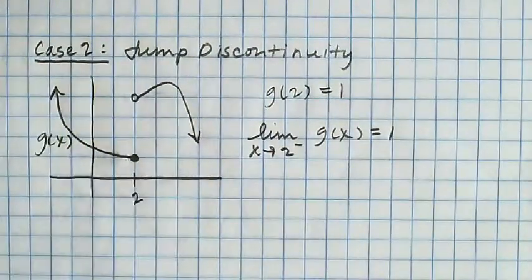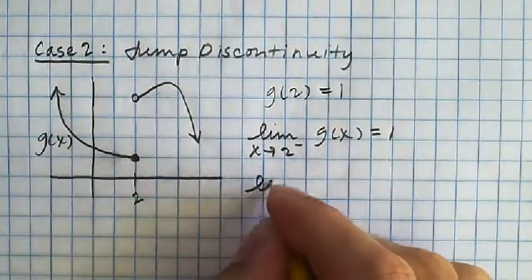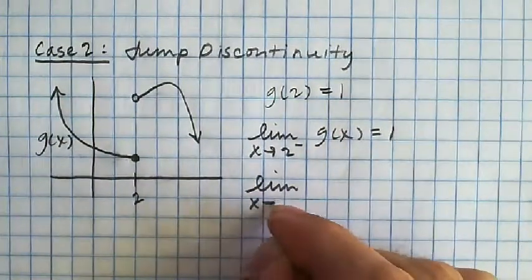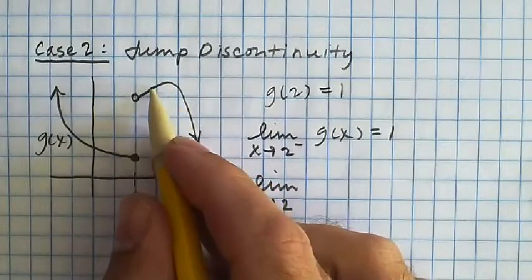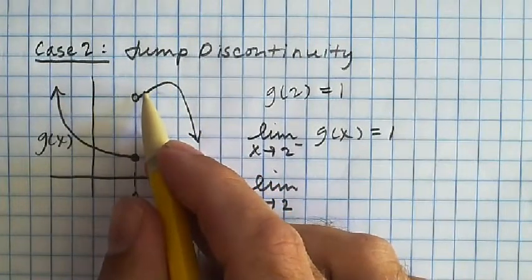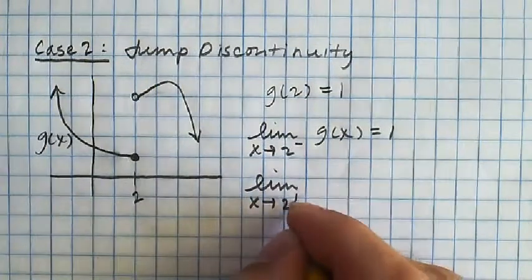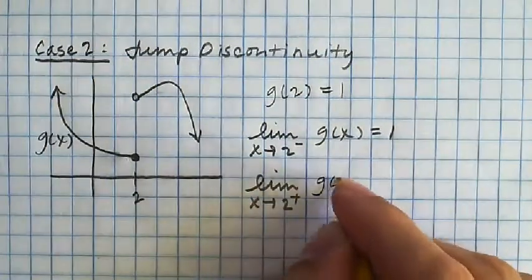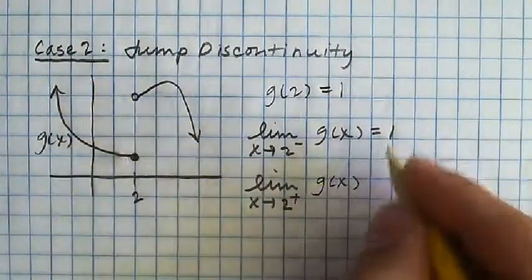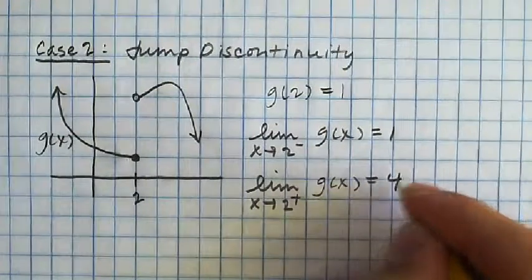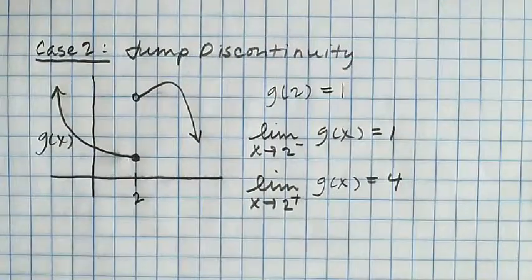Okay, now we can also say that the limit as x approaches 2 from the right. Again, right's probably not the best thing. It would probably be more appropriate to say from the positive side. And that limit is going to be equal to 1, 2, 3, 4. So I think I said it was 3 earlier. I just miscounted squares.